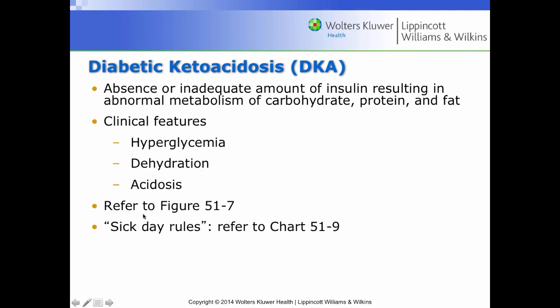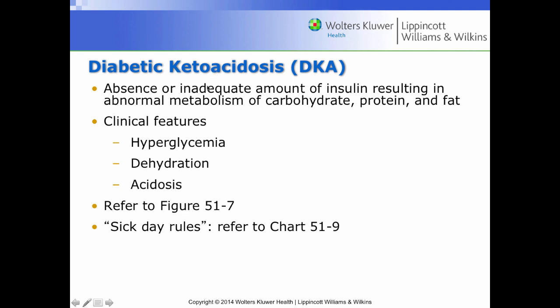Now, the thing to keep in mind with diabetic ketoacidosis is that when a person has an illness, let's say the flu or even just a common cold, it tends to elevate blood glucose. Just the stress of being sick elevates blood glucose. So someone who has a working regimen of insulin injections might, when they're sick, need more insulin and be more vulnerable to diabetic ketoacidosis.